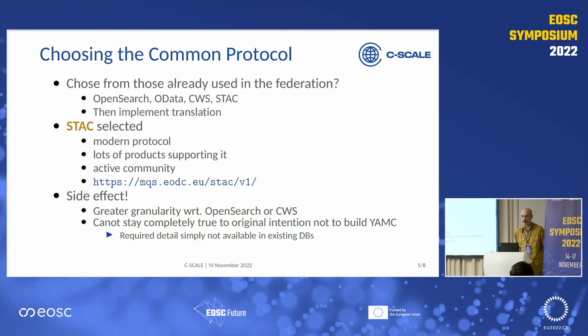There are a lot of tools that support it. Also, the openEO platform that has been already mentioned several times today supports STAC, and so we decided to give ourselves a challenge and go with STAC. So basically every member in our federation is required to provide a STAC interface or any other way of connecting with the metadata query service.